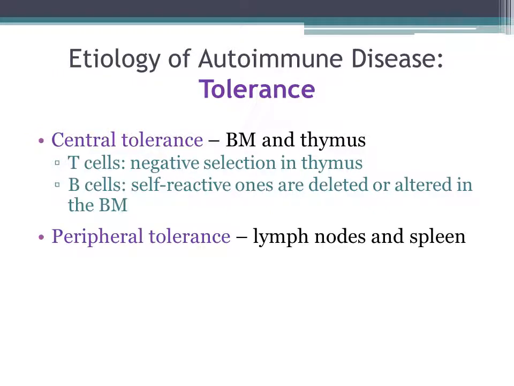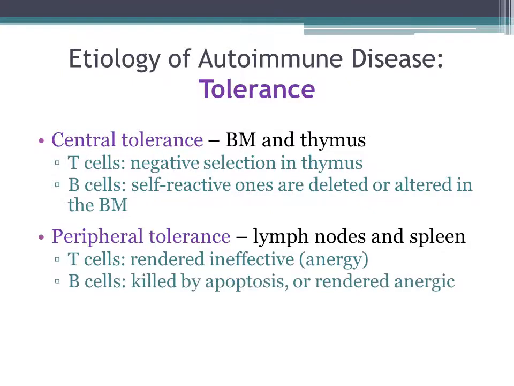The other aspect to this is referred to as peripheral tolerance, which occurs in the lymph nodes and the spleen. The T cells should be rendered ineffective, a term that's used is anergy, and anergy just means they're not working. If they're not outright killed and removed, apparently they hang around, but they don't do their job correctly, so they're kind of just shut down.